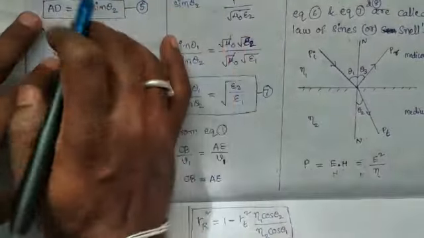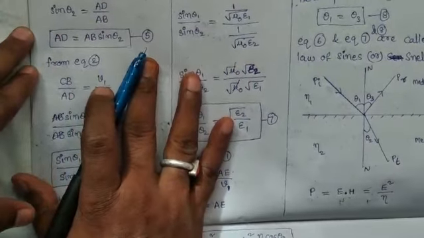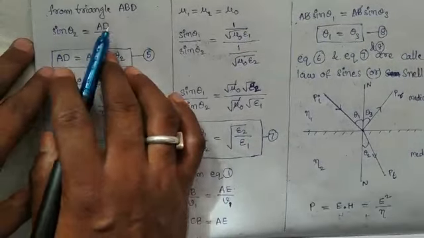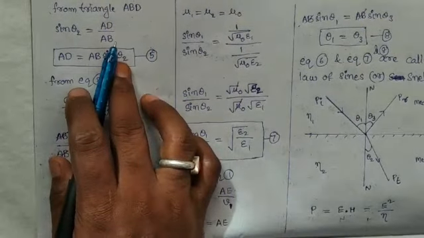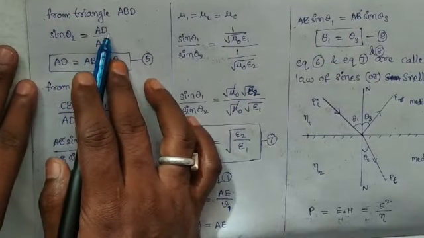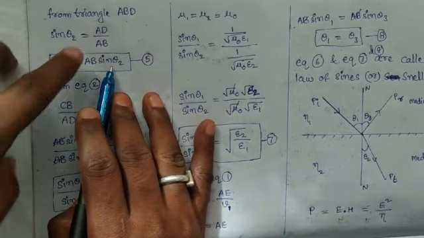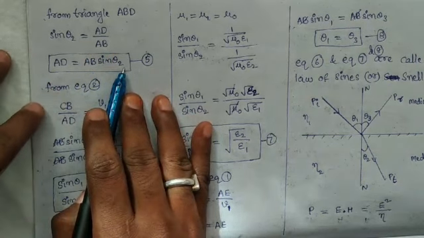From triangle ABD, sin θ2 is equal to AD by AB. Here AD is equal to AB sin θ2.